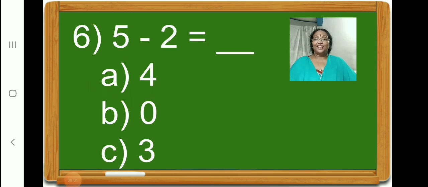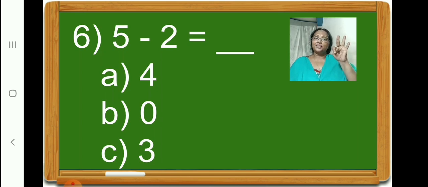Children, now let us solve question number 6. 5 minus 2. Here we have to minus 2 from number 5. Children, how many fingers are we going to open? Yes, 5 fingers. And how many fingers we are going to fold? 2, because we are going to minus 2. 1, 2 fingers.